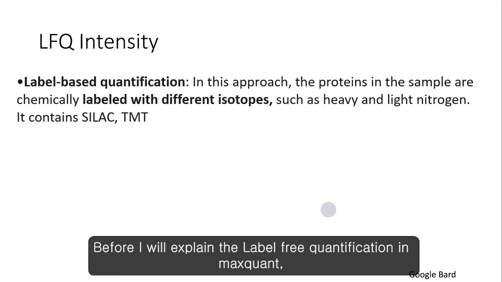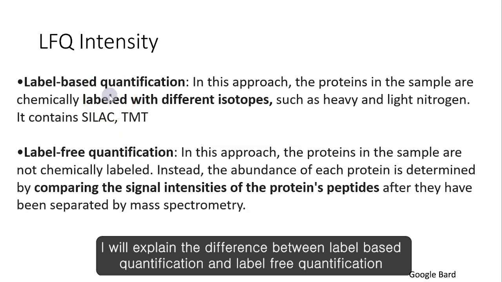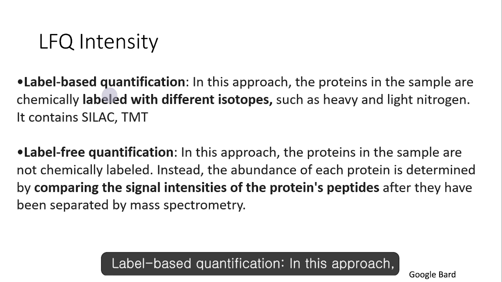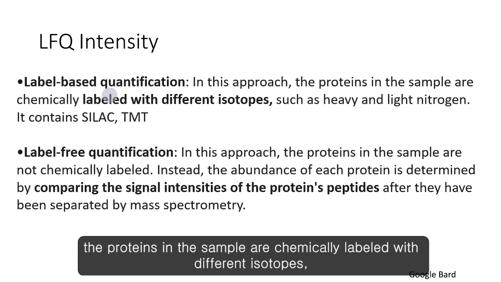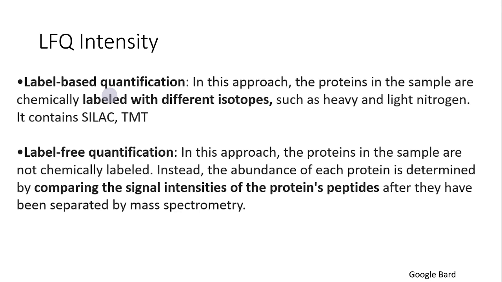Before I explain the label-free quantification in MaxQuant, I will explain the difference between label-based quantification and label-free quantification. Label-based quantification: in this approach, the proteins in the sample are chemically labeled with different isotopes, such as heavy and light nitrogen.